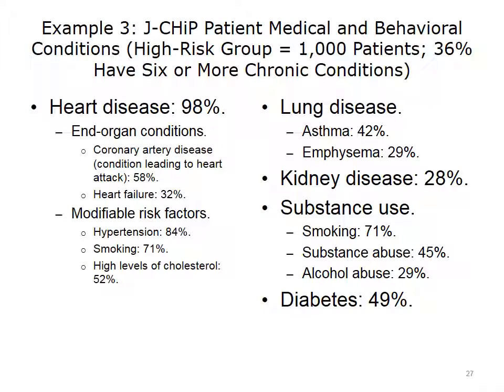If we dig deeper and look at the Johns Hopkins Community Health Partnership, JCHIP, patient characteristics in the high-risk group, there were several medical and behavioral conditions that seemed to be very prevalent. Number 1 was heart disease, so 98% of the population had some indication, through diagnostic claims or electronic medical record data, or end organ conditions and/or modifiable risk factors.